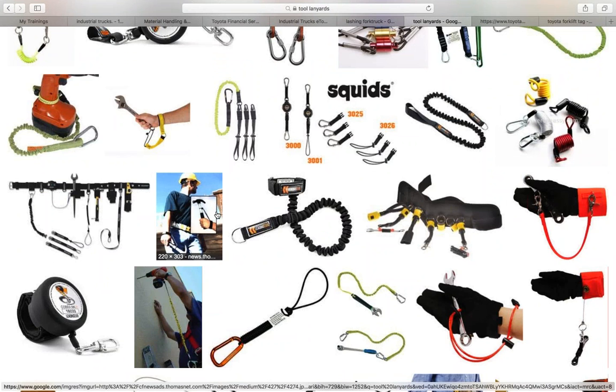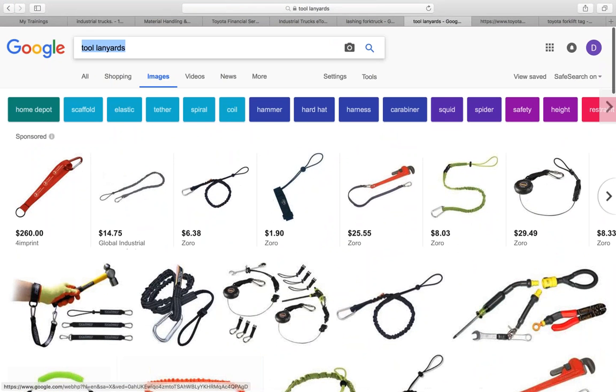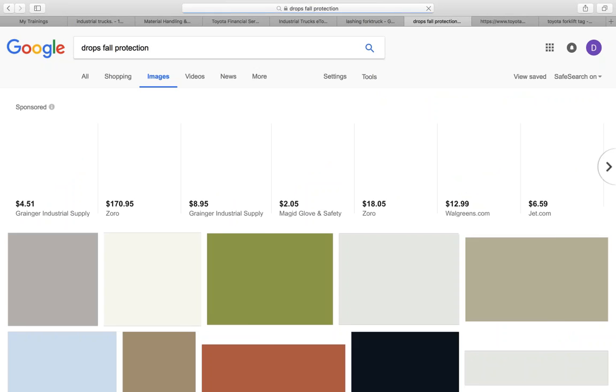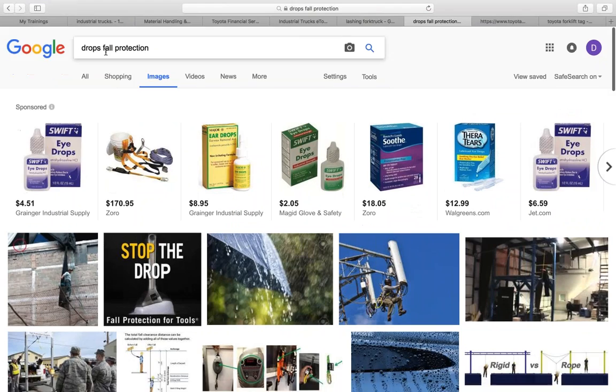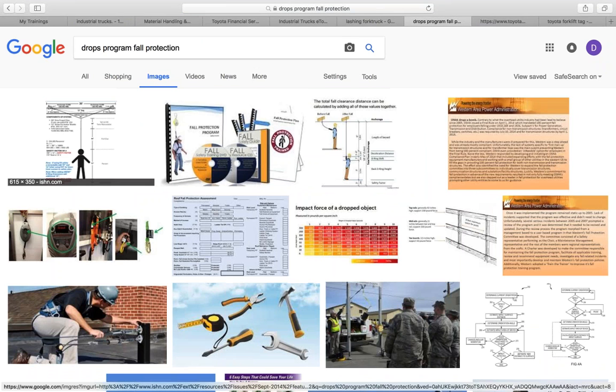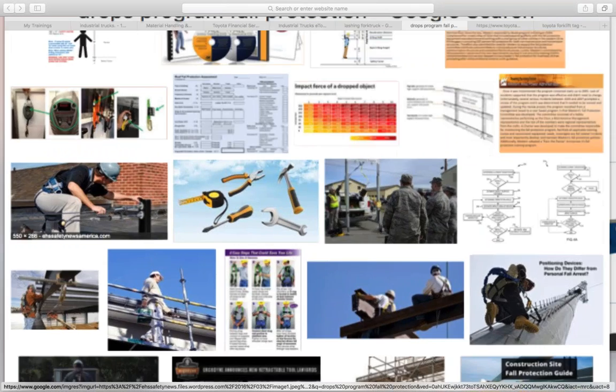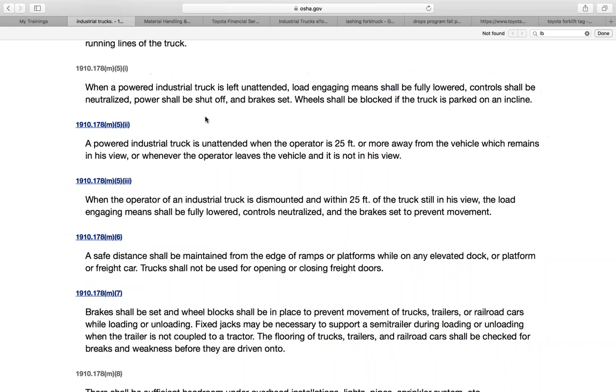A lot of times they're calling it drops programs now. It stands for dropped objects, is what the drops program stands for. A lot of government agencies are doing it now. Okay, so it's called the drops program.